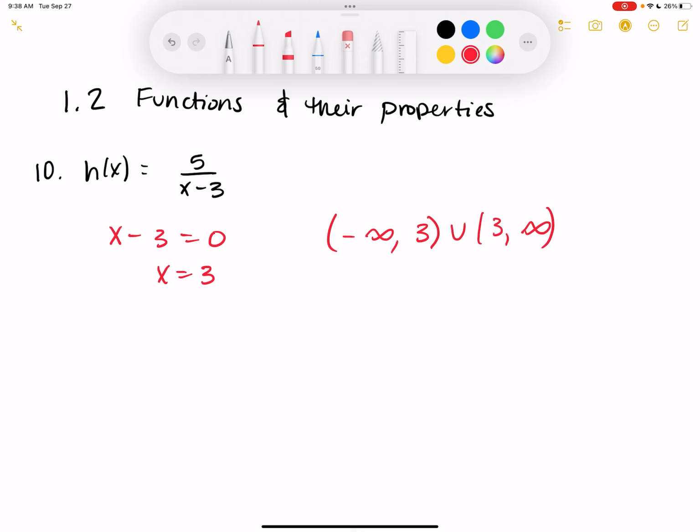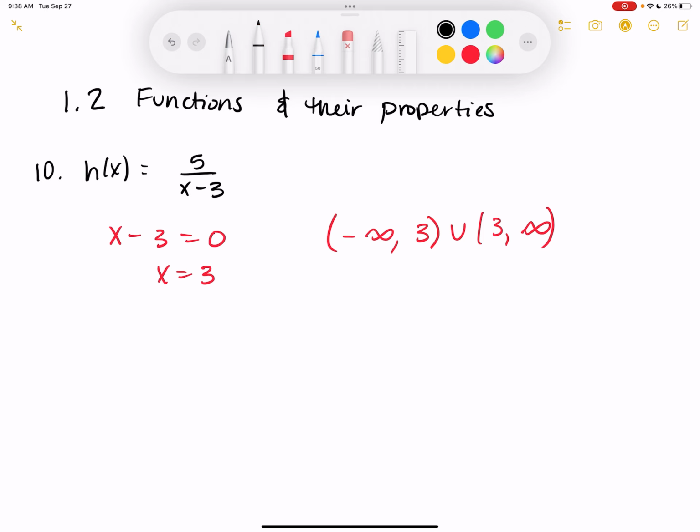Because negative 5 million makes that still work. The only number that doesn't work is 3. So it's everything up to 3 and then everything after 3. Just not 3. 3.0000001 is fine. But 3 is not.